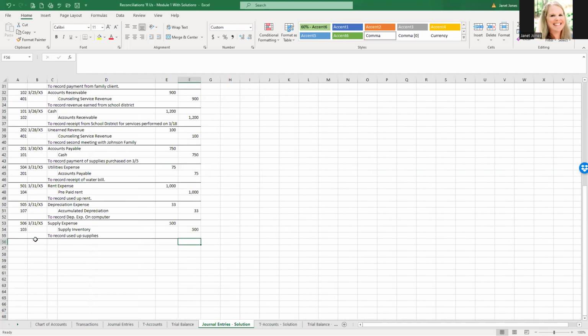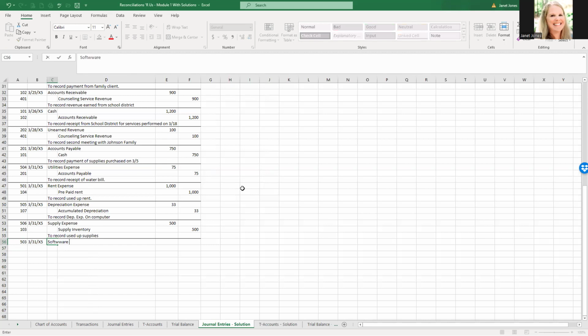Okay, last adjusting entry that we're going to talk about today is the software expense. So the last one said we had paid $1,500 for the annual subscription of software. So again, we have used 1 month of that annual subscription. So our accounts here are 503 for the software expense.